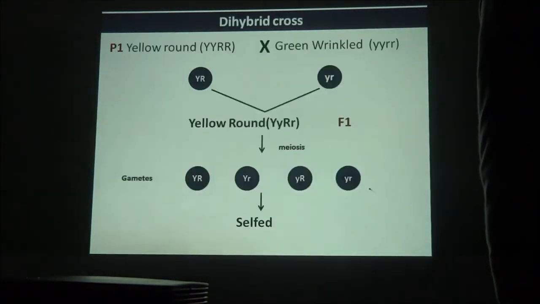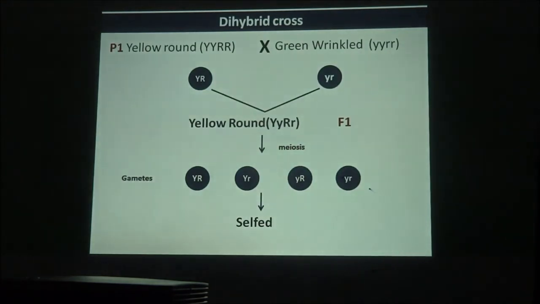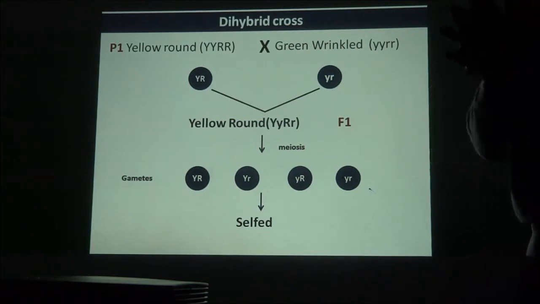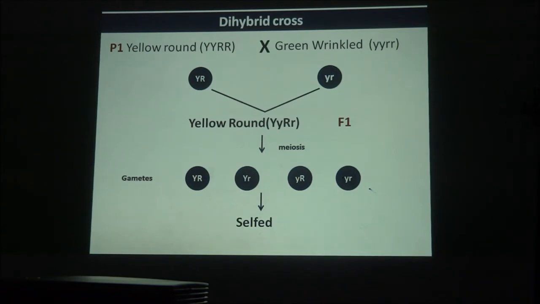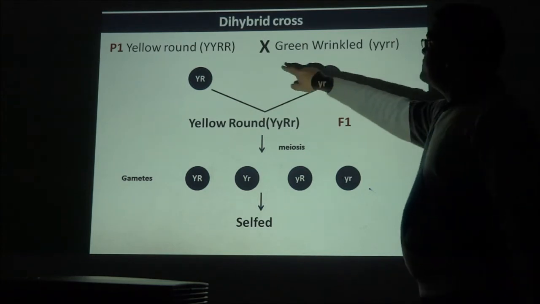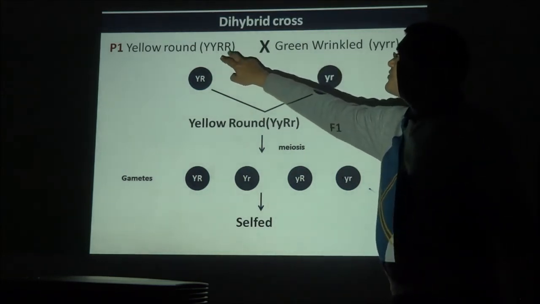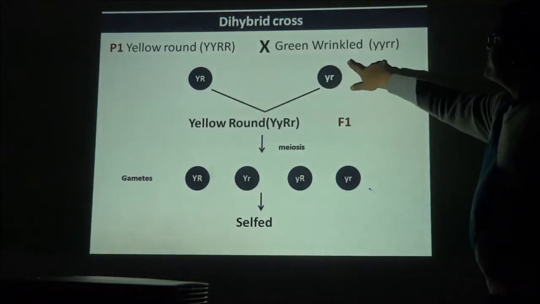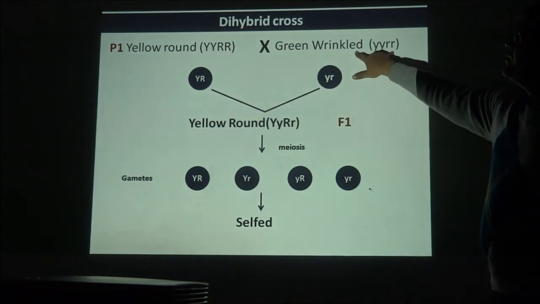So that's it. Then Mendel went on to the dihybrid cross. Here we are taking two characters together and studying their inheritance. What we want to see is whether, when you take two characters together, they influence each other or not. Here we have taken yellow round, which is homozygous dominant, versus green wrinkled, which is homozygous recessive.